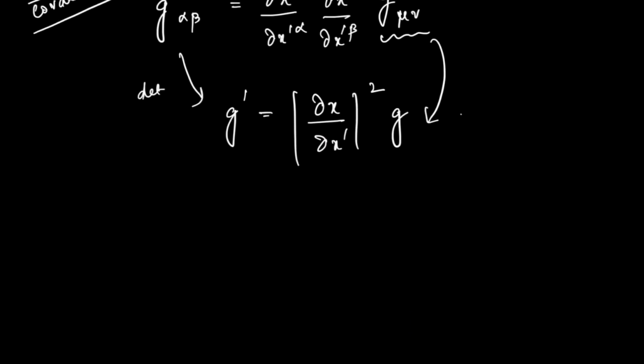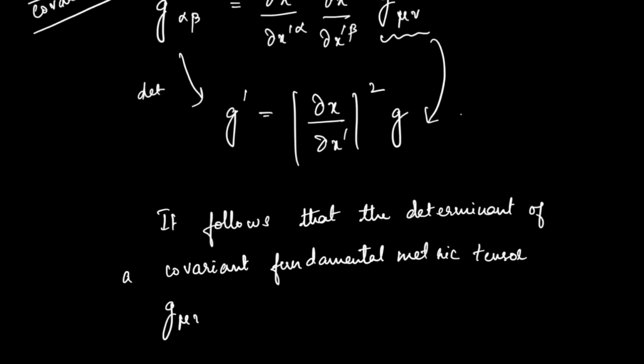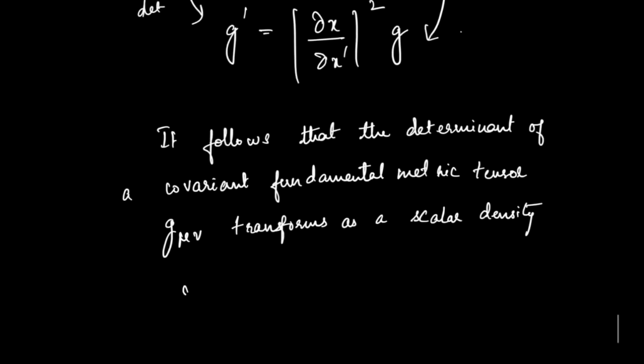Now it follows that the determinant of the covariant fundamental metric tensor G mu nu transforms as a scalar density of weight minus 2.